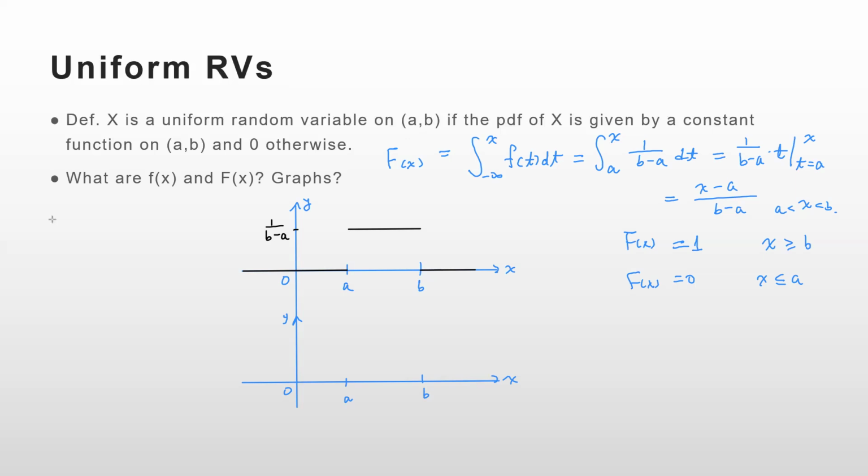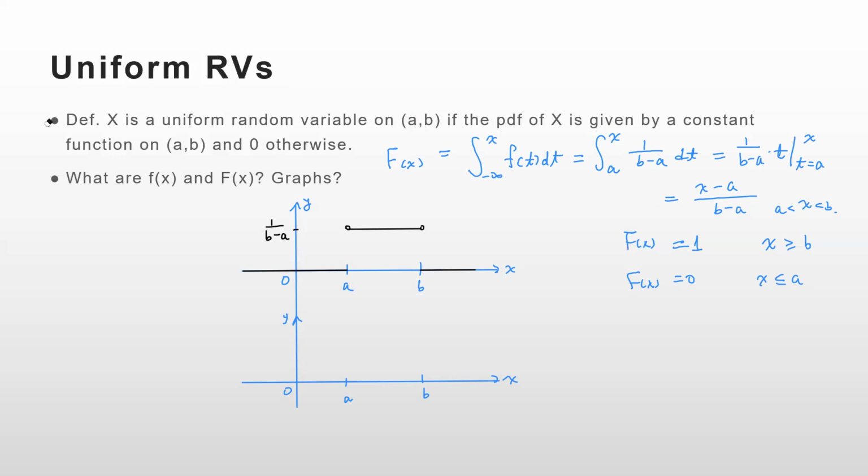So if it's open, then we would have an empty circle here and an empty circle here. Okay, this is not very important. The uniform distribution on a closed interval is very similar, you will have a solid point here. Again, it's not an important issue for the moment.